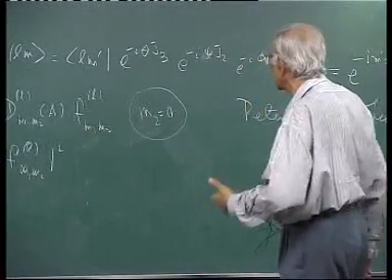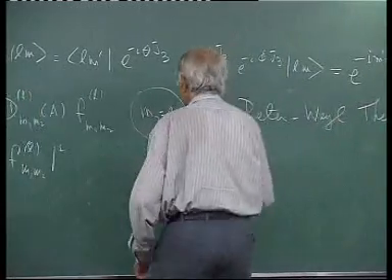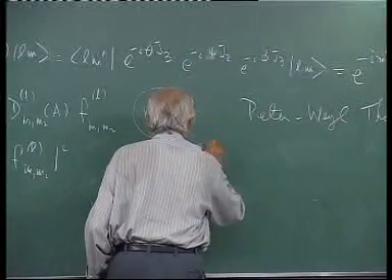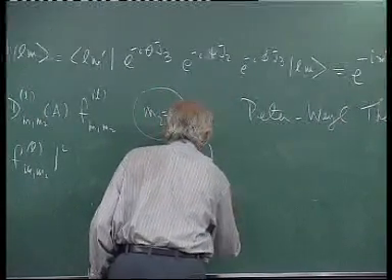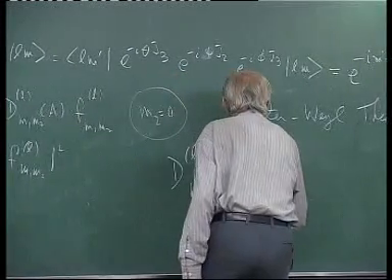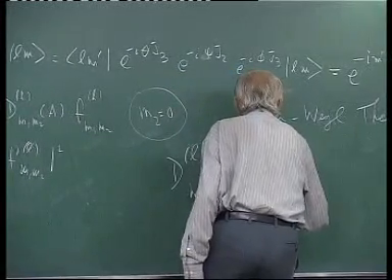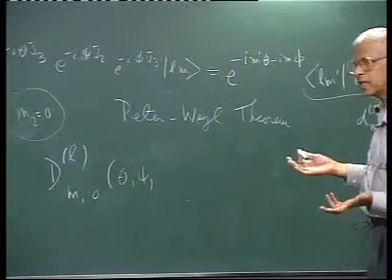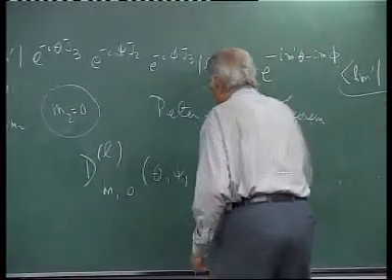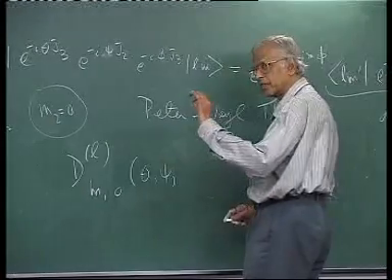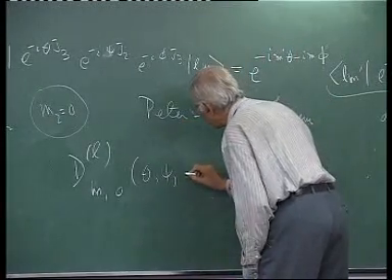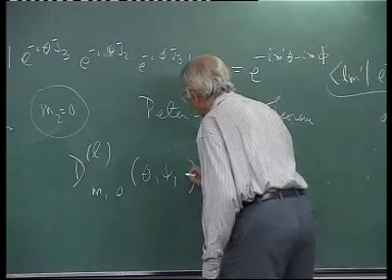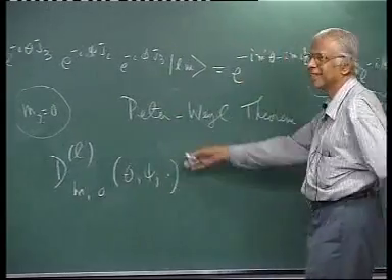So for such functions, this is all that we need. We do not need all the matrix elements of all the irreducible representations, and M2 can be restricted to 0, and therefore I do not even indicate the variable phi.